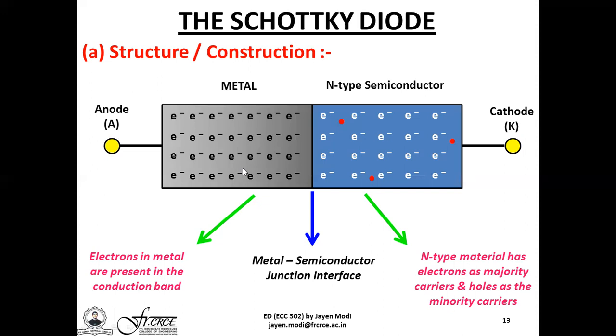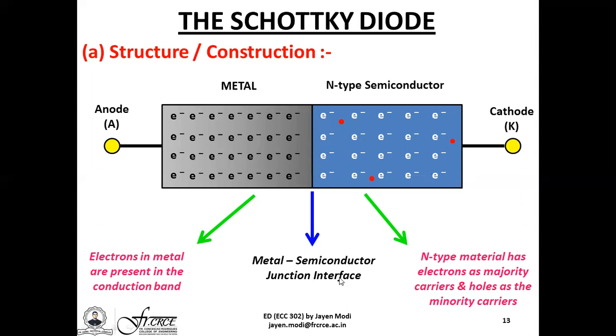There are no electrons present in the valence band. So here we see that there are a lot of electrons which are now in the conduction band. And as compared to a PN junction, we have a metal semiconductor junction interface. This is completely different as compared to a typical PN junction.